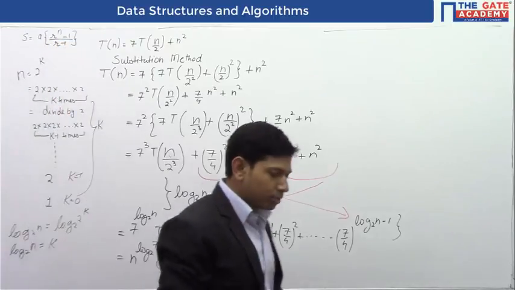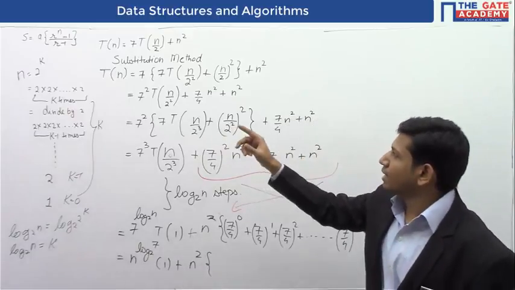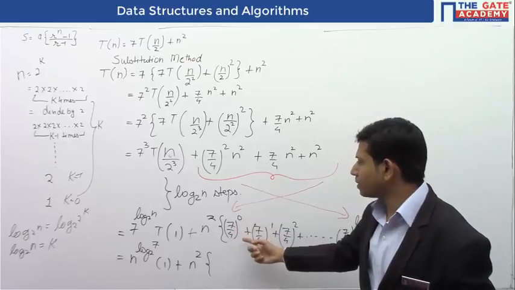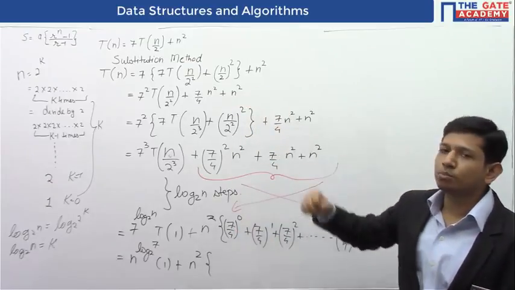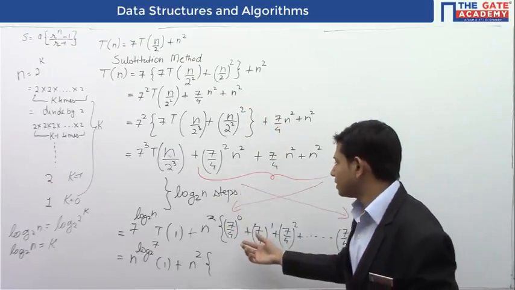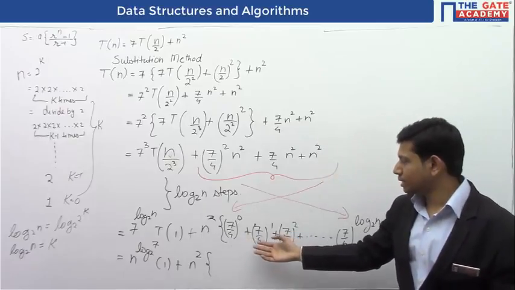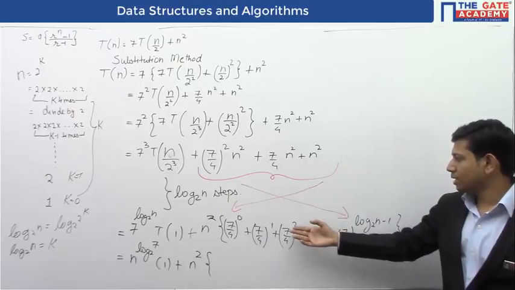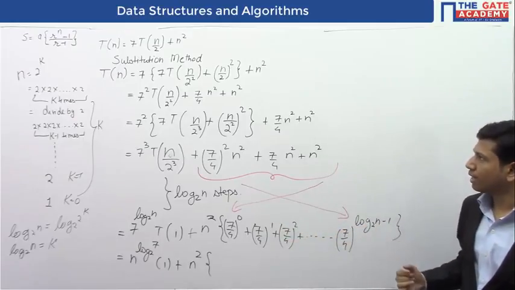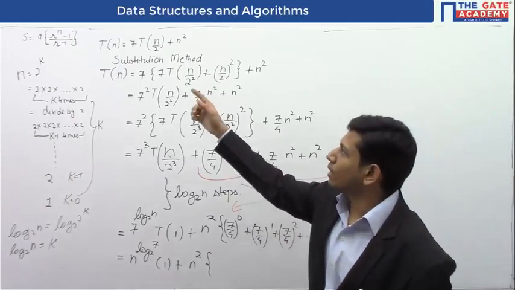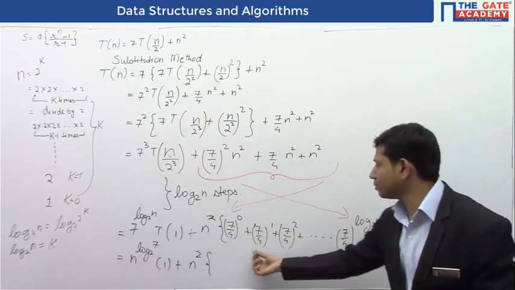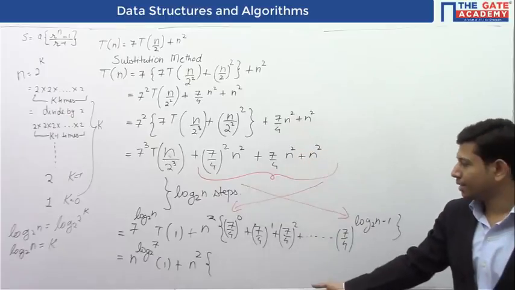So the sum of n terms of a GP is A, that is the first term, which happens to be 1 over here, since 7 by 4 raised to power 0 is 1, into R raised to power n minus 1. What is R? R is the common ratio. The common ratio we can see here is 7 by 4. 7 by 4 is multiplied in each term. N is the number of terms, so we will soon see how many terms we have, upon R minus 1.